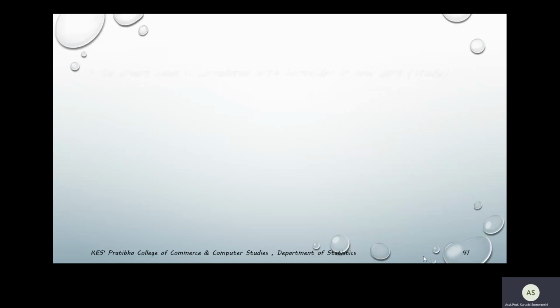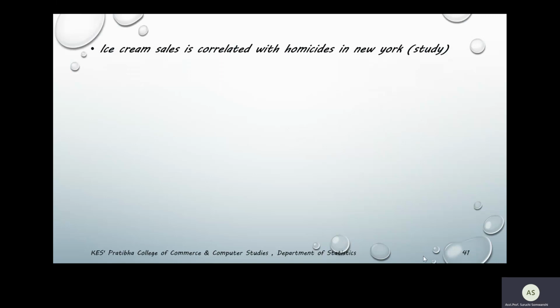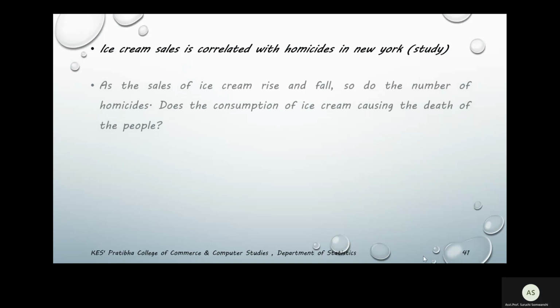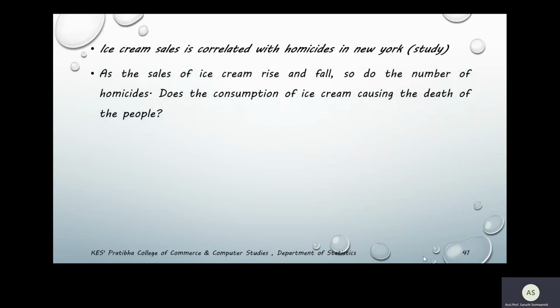So what is that example? Ice cream sales is correlated with homicides in New York. See, it is a study that ice cream sales is correlated with homicides in New York. So as the sales of ice cream rise and fall, so do the number of homicides. So does the consumption of ice cream cause the death of people?